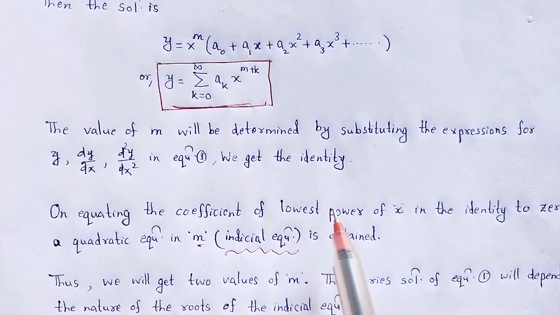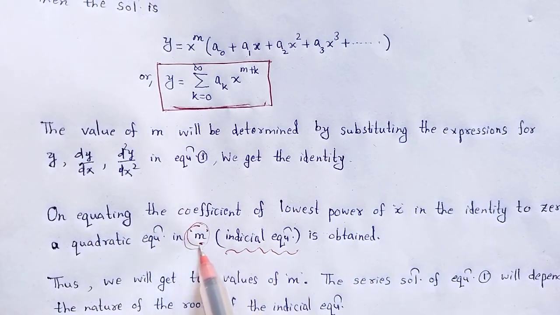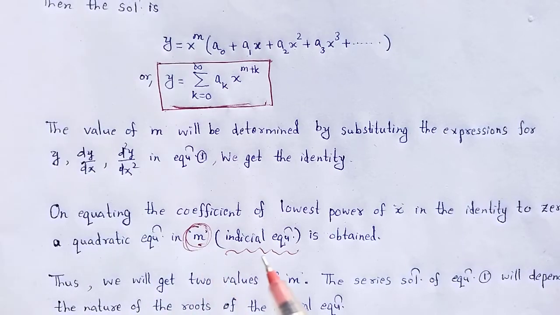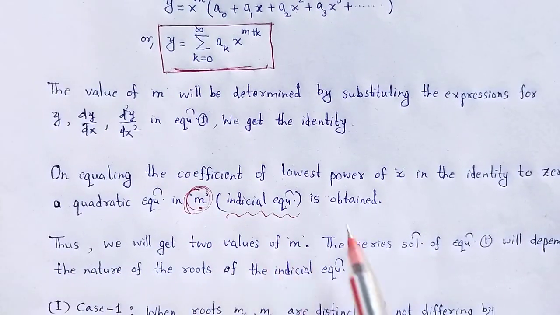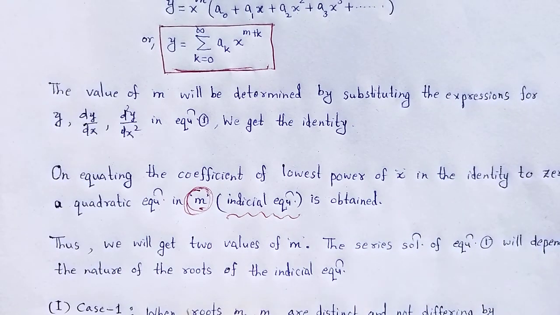Since it is a quadratic equation, the indicial equation in m has two roots, thus we will get two values of m. The series solution of equation 1 will depend on the nature of the roots of the indicial equation.